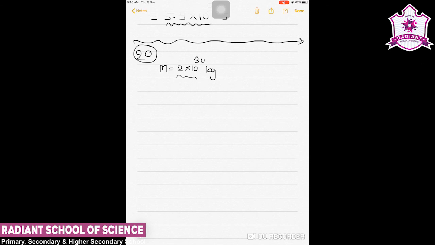When they are at a distance 10 to the power 9 kilometer, their speeds are negligible. So the distance is given over here, that is 10 raised to 9 kilometer, that is 10 raised to 12 meter.